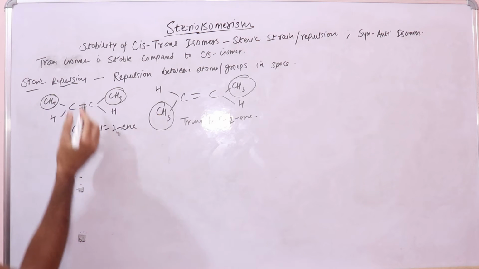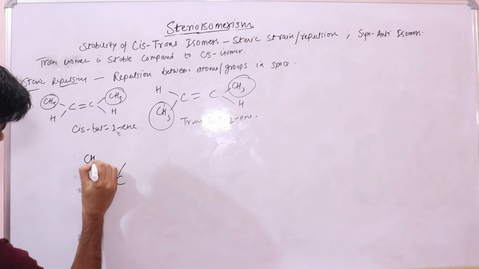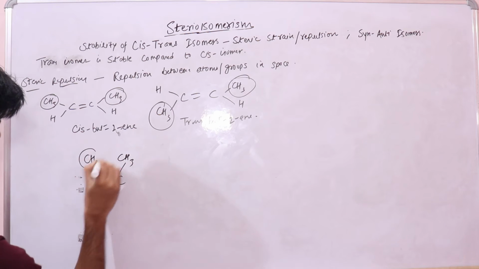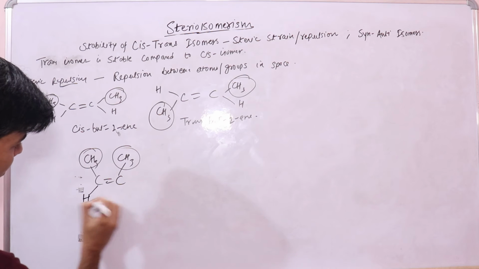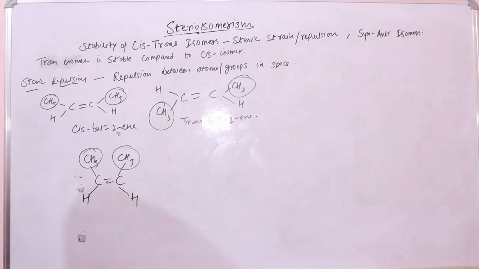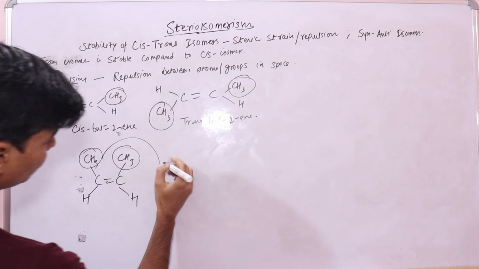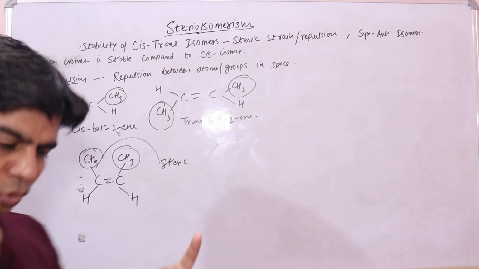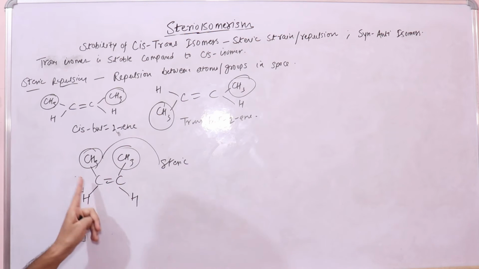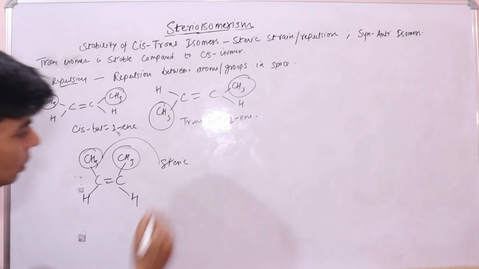In the cis form you can see that these two methyl groups are on the same side of the carbon-carbon double bond. Due to this we have steric crowding, because these are bigger groups. When they are on the same side of the double bond, they come close to one another, causing steric crowding.